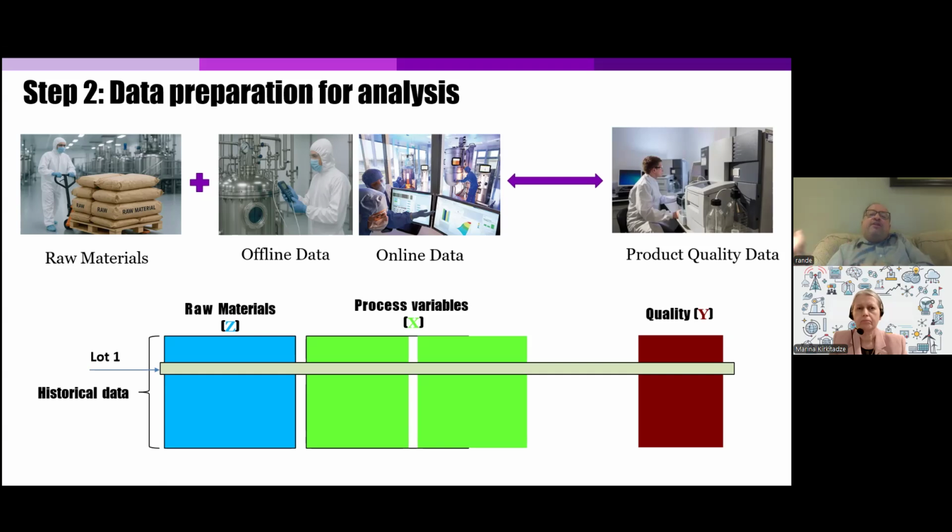Now we go to the quality. Quality is the final product quality attributes acquired at the end of the biomanufacturing process, which is important because we try to understand how raw materials and process variables are affecting the final product quality.